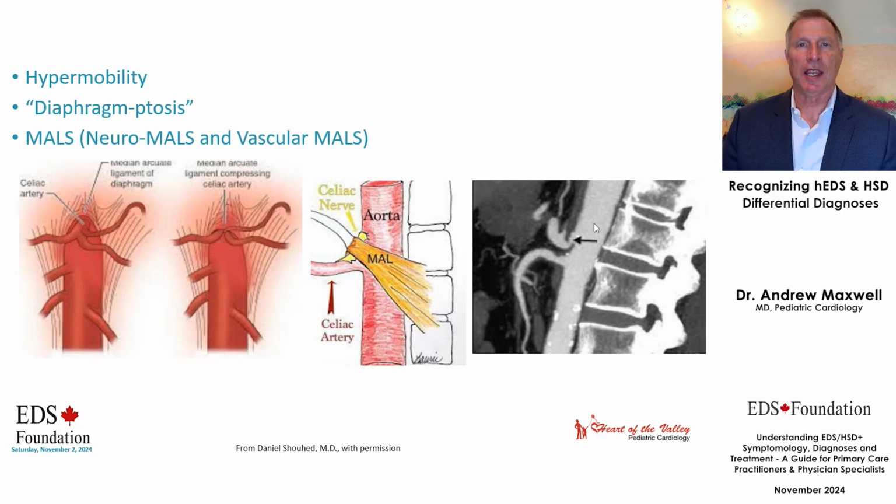Okay, sagging of the diaphragm. That leads to something called MALS, median arcuate ligament syndrome. And so you can imagine the arcuate ligament being right above the celiac artery in normal position and sagging down such that it rubs on not just the artery, but more importantly, the celiac nerve plexus.